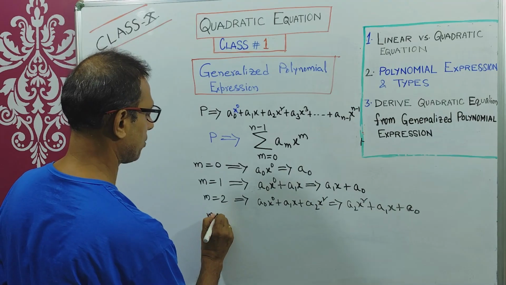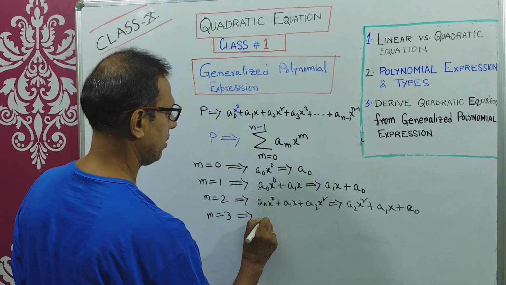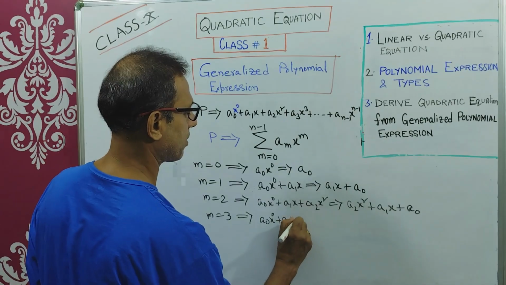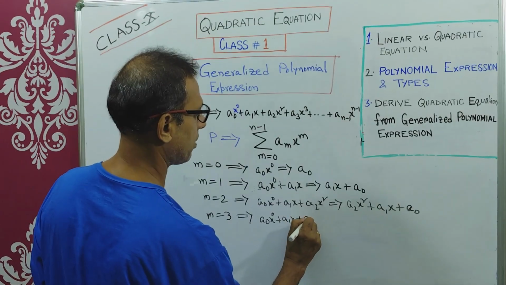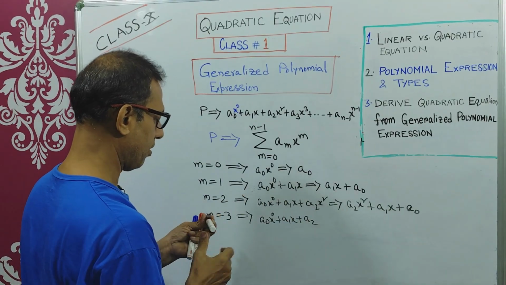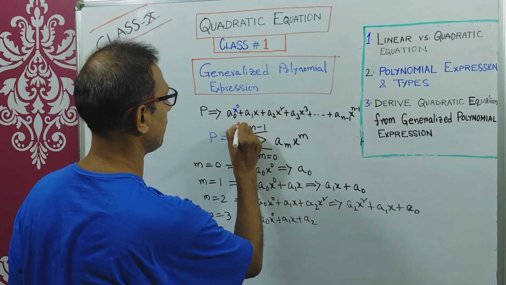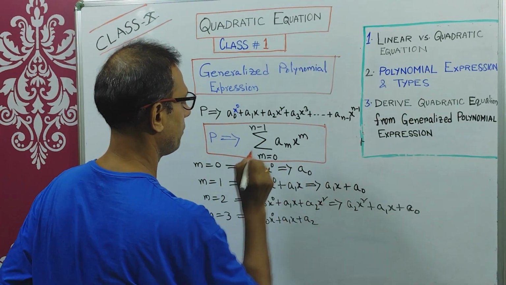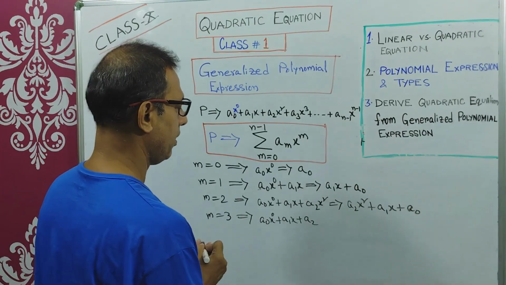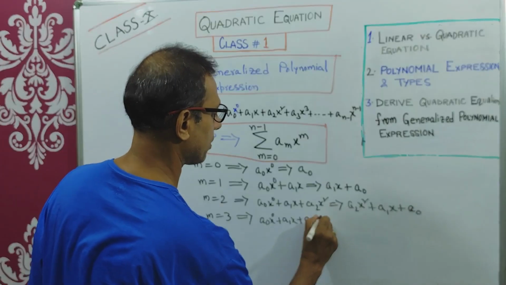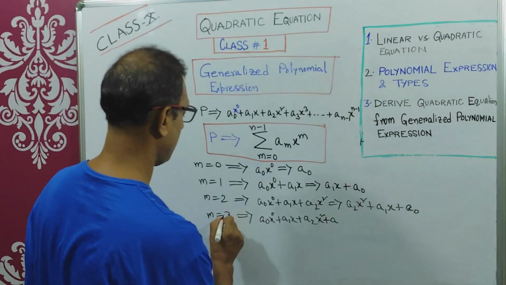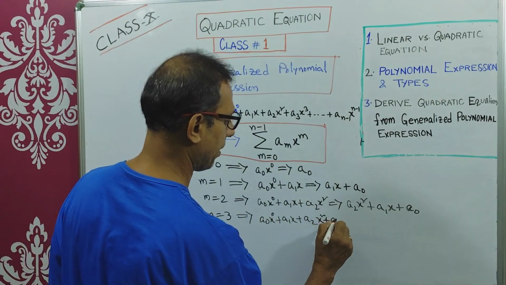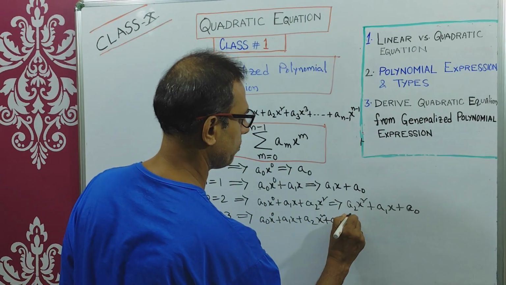If I give m equals to 3, that means a0 x to the power 0 plus a1 x to the power 1 means x plus a2. I am deriving all the expression from this generalized expression, right? a1x plus a2x square plus a3, because m equals to 3 will start from 0 up to that many number of terms, a3 x cube.